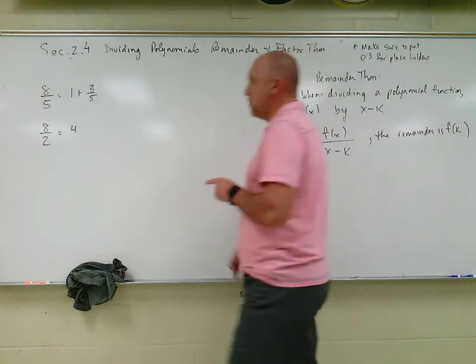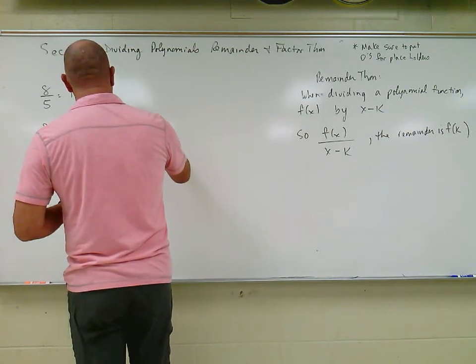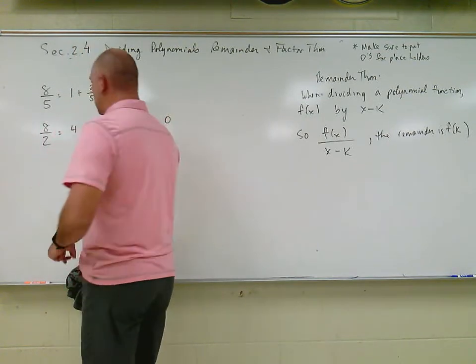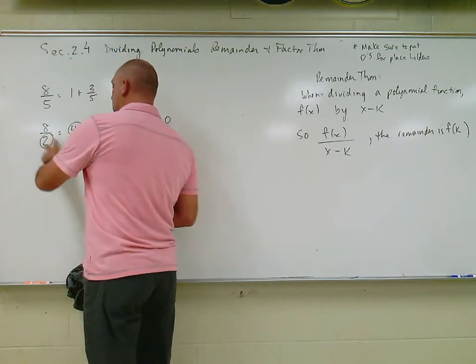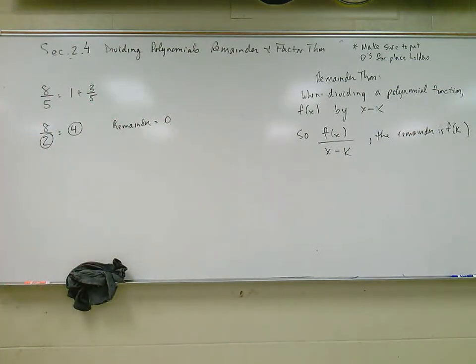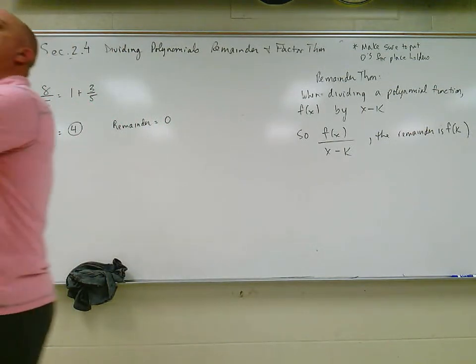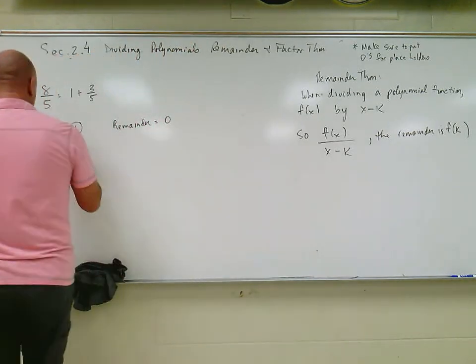When there's no remainder, the remainder is 0. Notice 2 and 4 are what of 8? Factors. Not multiples would be like 16. You got the right idea, just the wrong word, right? 2 and 4 are factors.